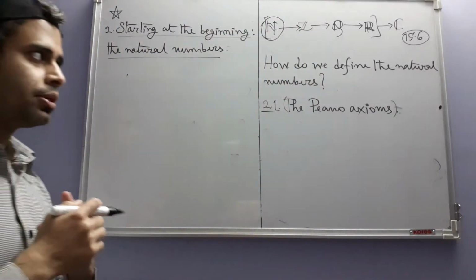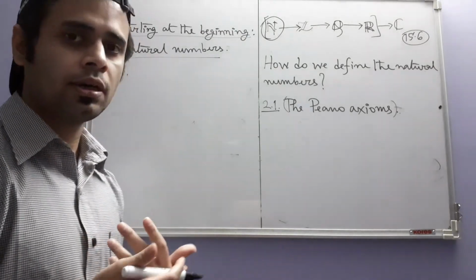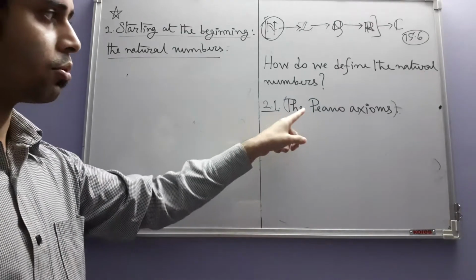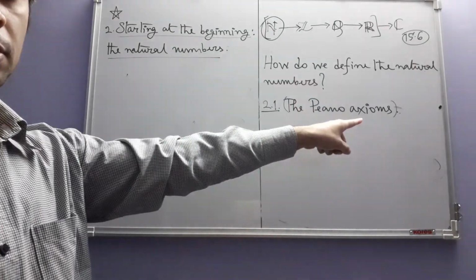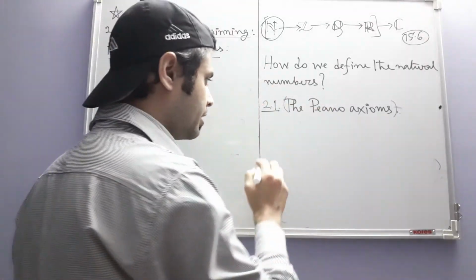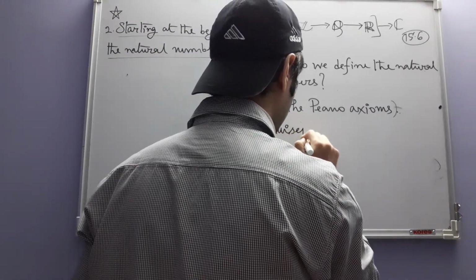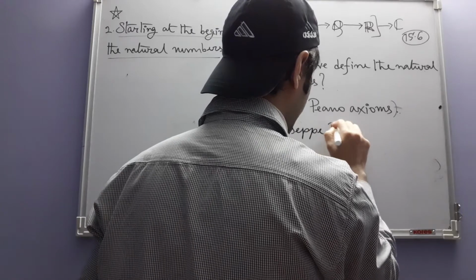Okay, so we are going to define natural numbers using some rules known as Peano axioms. They were first laid out by this mathematician.